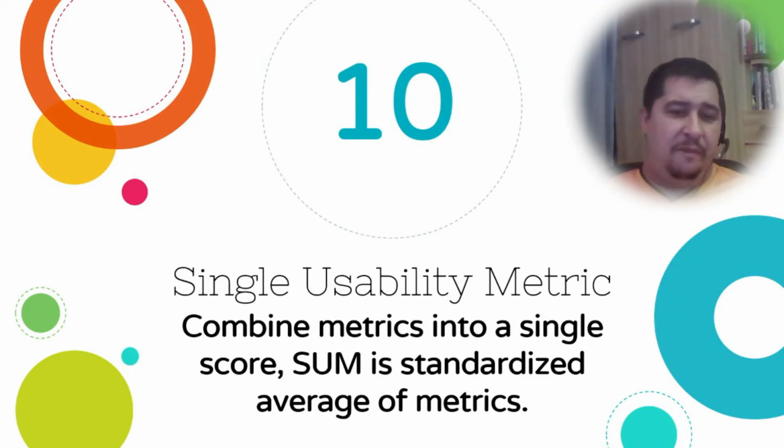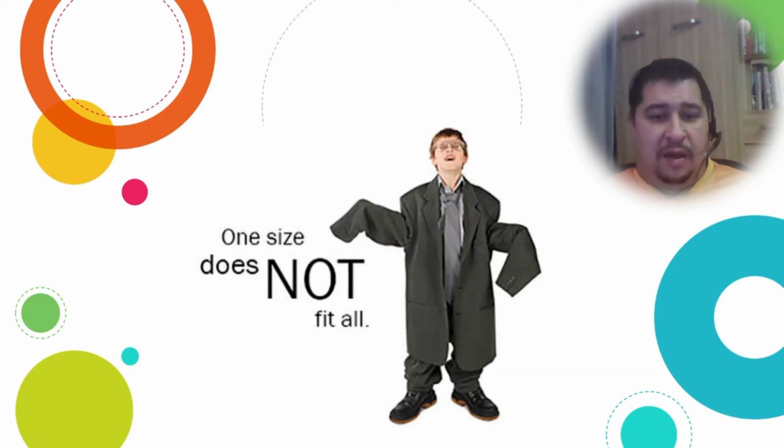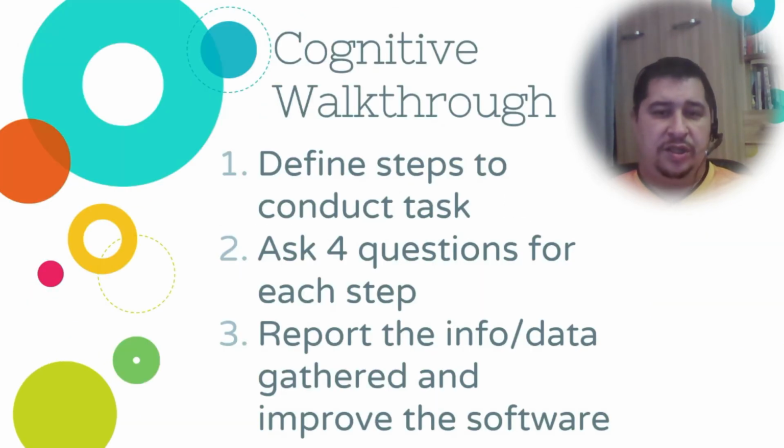You can bind the previous metrics into a single score and make a standardized average of different metrics according to which ones are more important or less important to you. So yes, you can make your own single metric and regularly measure your product to check how the usability changes over time, or how the task completion changes and things like that.